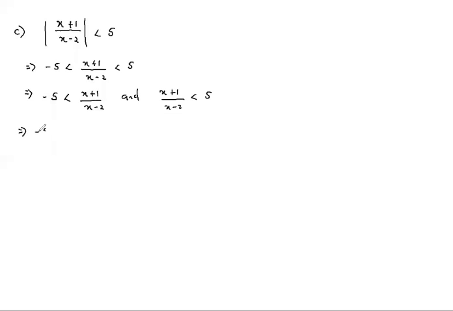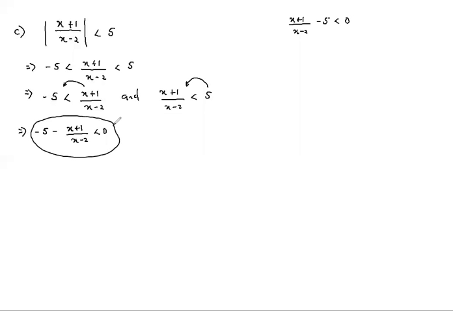So the first one, -5 - (x + 1)/(x - 2) < 0, if we take this to the other side. If you also take 5 to the other side, the other interval will behave the same: (x + 1)/(x - 2) - 5 < 0. So let's solve this one first, then we'll go to the other one.